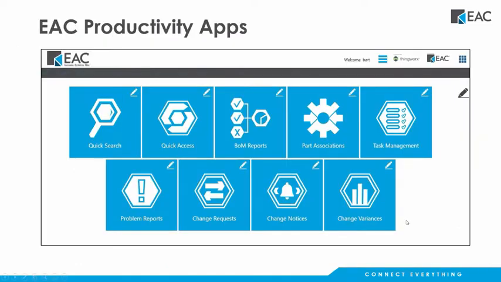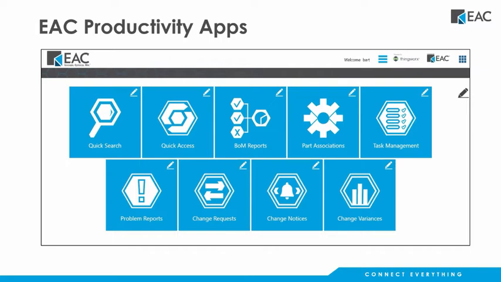So the tools that we're going to talk about today are EAC Productivity Apps. As I mentioned before, these are apps that we have developed internally that build on the structure of Navigate. PTC built Navigate to do some of those simple, reaching in, viewing drawings activities that we talked about.